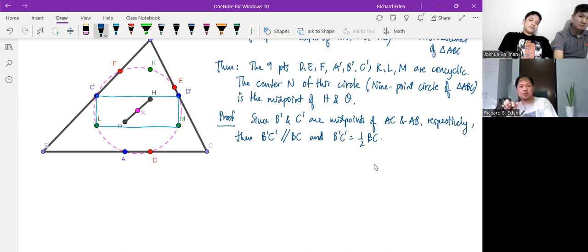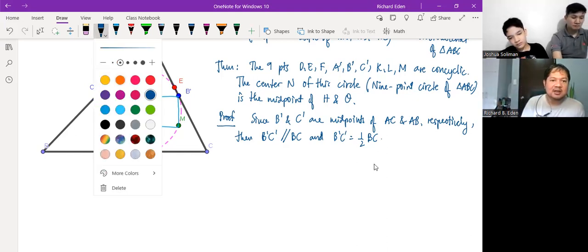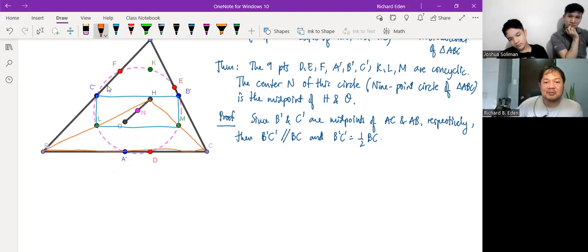Okay, so B prime C prime. Then we want to show LM is also parallel and half of BC, because our suspicion is that B prime C prime and LM have the same lengths. But that can be done this time by considering B, H, C. Same argument. Isn't LM the midline of BHC, the orange triangle?